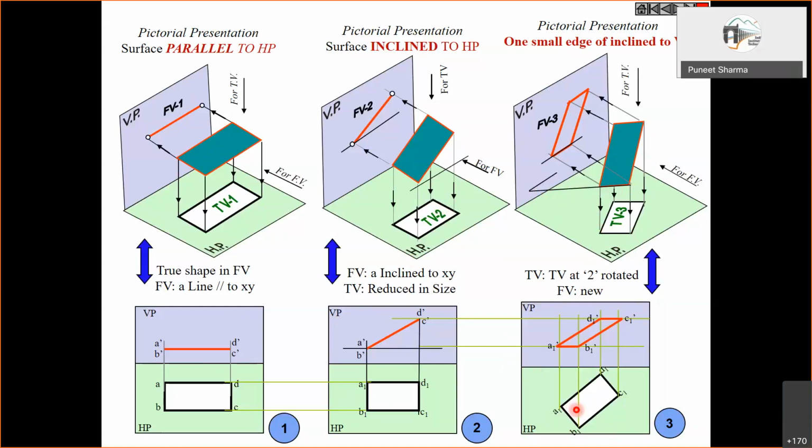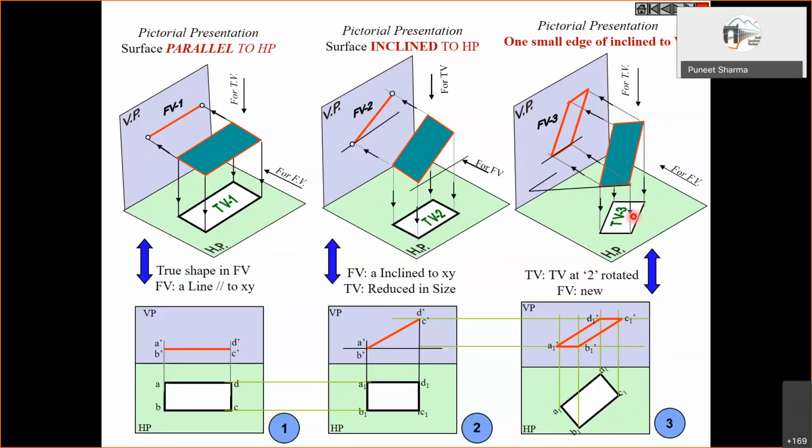Now when we are doing this, of course all these corner points of this plane figure will remain at the same distances from the horizontal plane in case 3 and case 2, because the inclination of this plane figure with the horizontal plane is not altered from step 2 to 3. So the corner points maintain the same distance from the horizontal plane here also and here also.